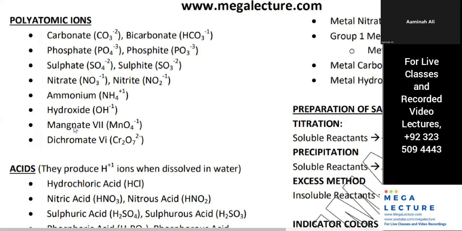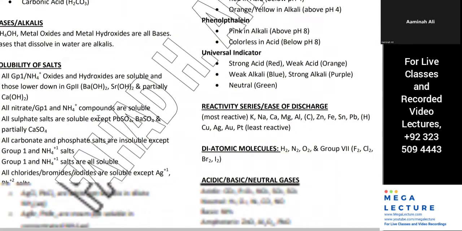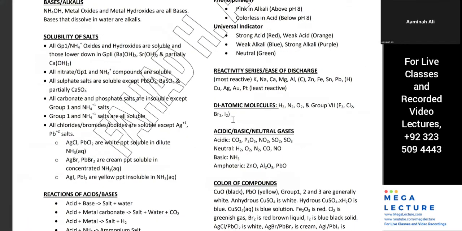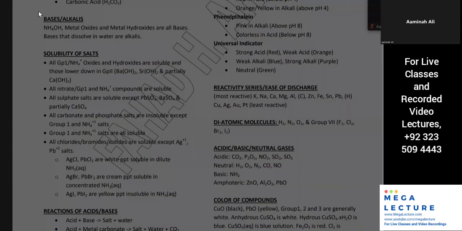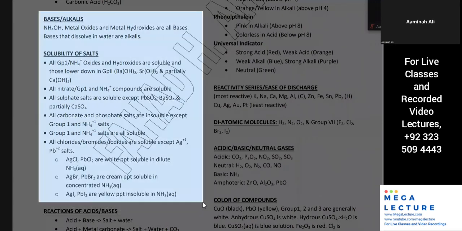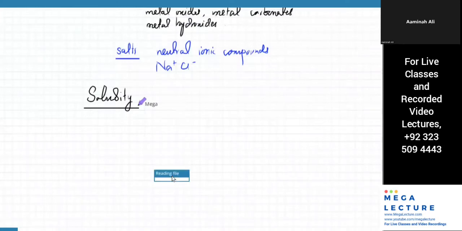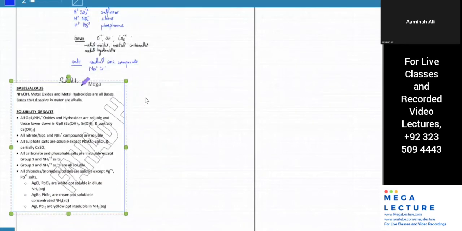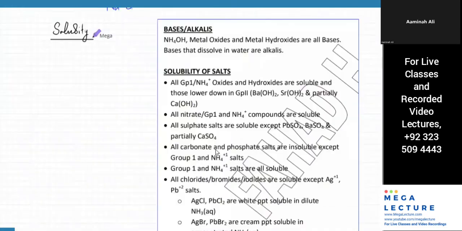So hold on a second. Here on the left side, you've got the solubility table. So I'm just going to copy this one. These are the compounds that are soluble.